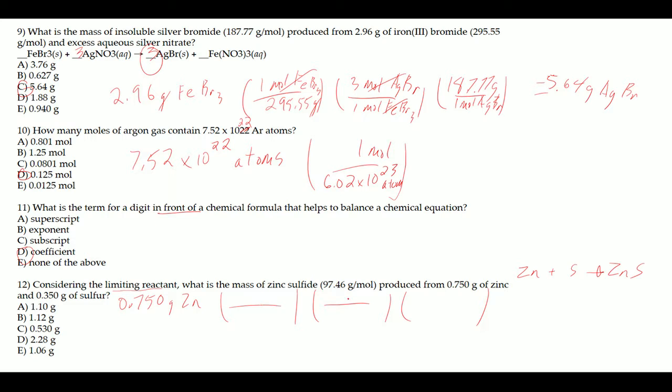And I'm going to go through this a little quicker because we've done a limiting reactant one. There's a 1-to-1 ratio in the balanced chemical equation.